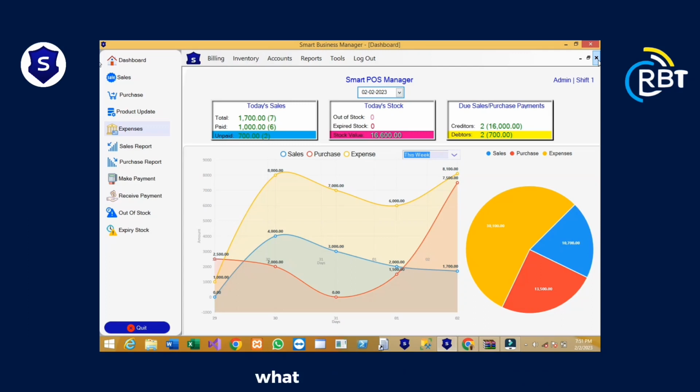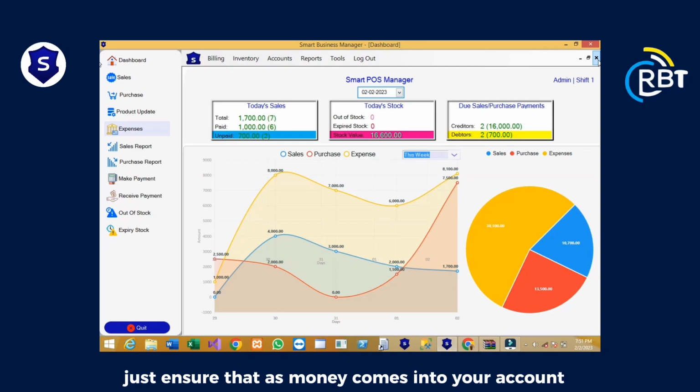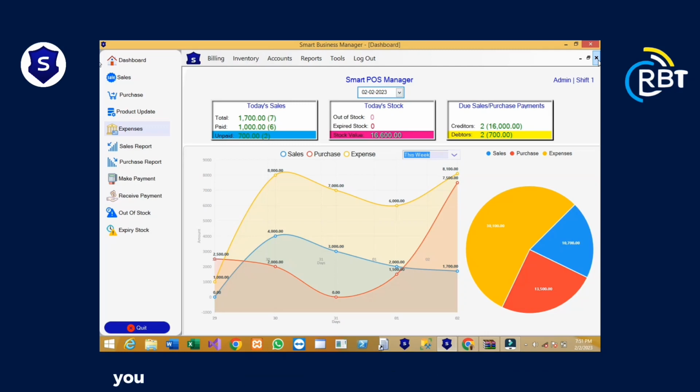So what do you need to do? Just ensure that as money comes into your account, your POS, your cash, your check, whatever, you are inputting it into the system at that same time. So leave the rest for the system. It is going to help you to do all of that, and that is essentially what it does.